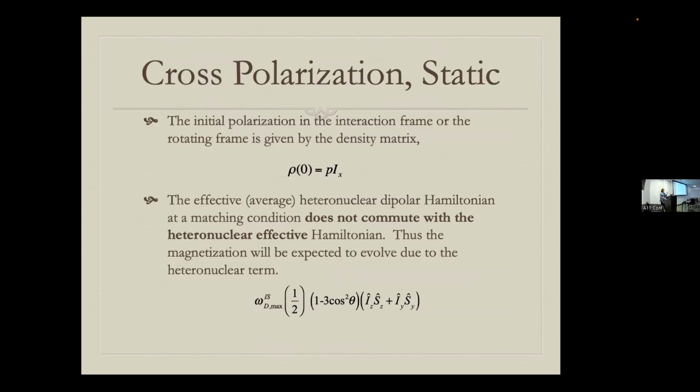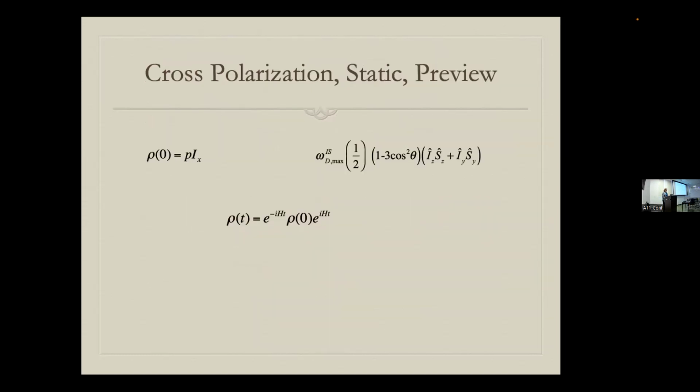Okay, but we also have an assumption about what our initial polarization is. So if you have an initial polarization and you have an average or effective Hamiltonian, then your interest normally is in predicting the future using a time-dependent Schrodinger equation written in terms of a density. So we want this.